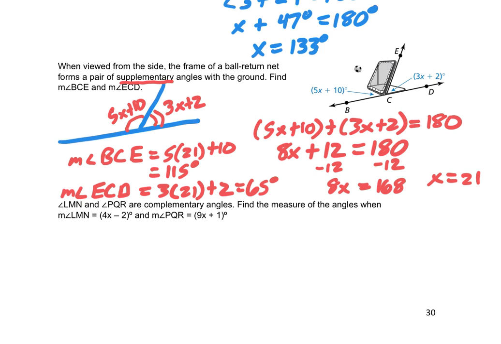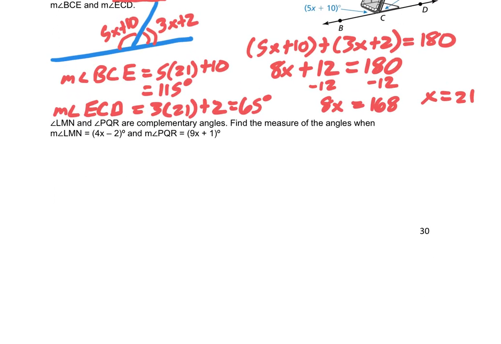Yeah, 115 plus 65, and what does that make? 180, okay? If it doesn't make 180, then that's a big red flag, right? Something's wrong. We want those two to add to be 180, okay? So on something like that, you should always be able to check it. If it doesn't add up to be 180, that means you probably did something wrong.